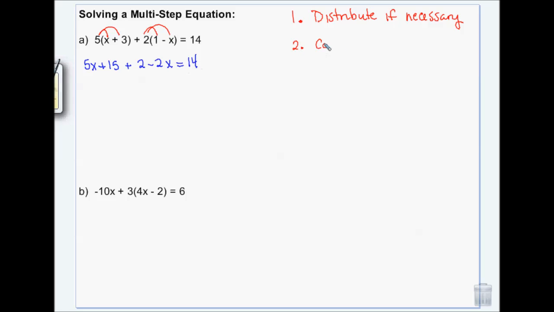Step 2 is collect like terms on each side of the equals. Okay, in this case we don't have any like terms on this side, just over here. So 5x minus 2x is 3x, and 15 plus 2 is 17.